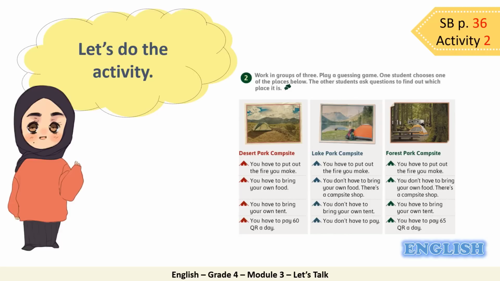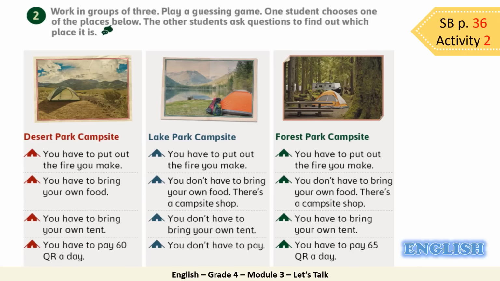Please open your student book page 36, Activity 2. Work in groups of 3. Play a guessing game. Now, we are not going to play a guessing game. Follow with me, please. What do you notice from the text? There are 3 campsite places.